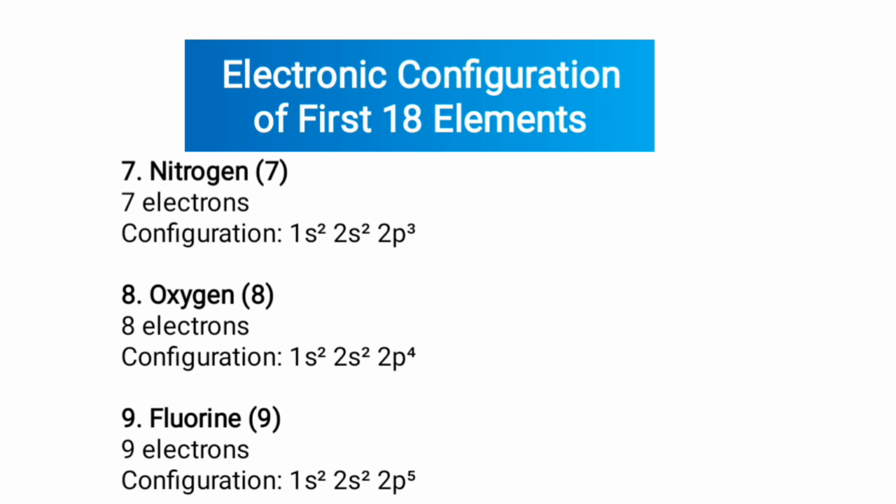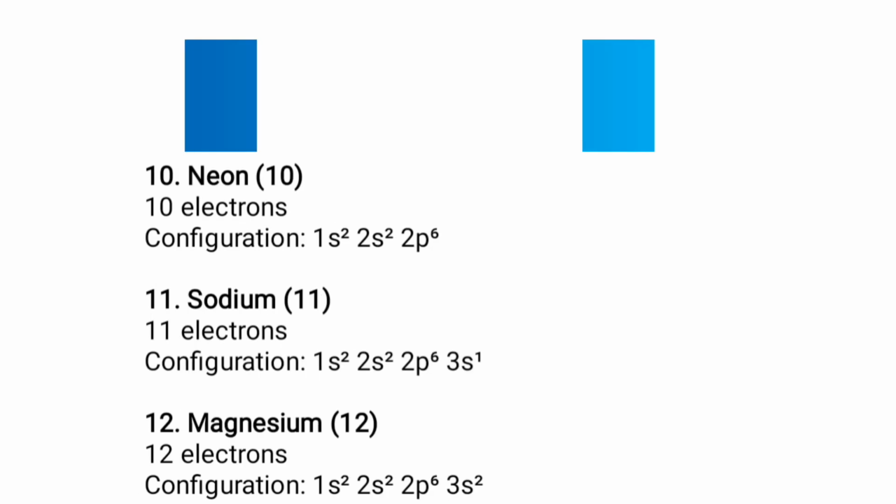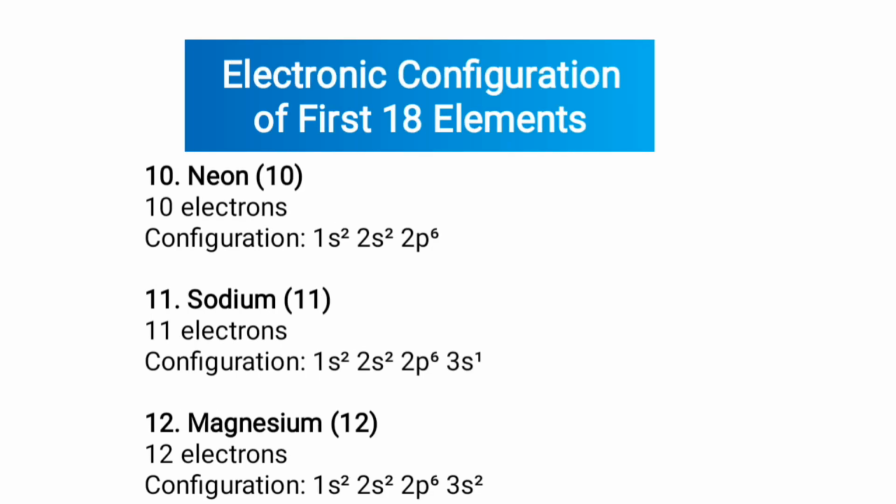Number 9 is fluorine, which has 9 electrons and its configuration is 1s2, 2s2, 2p5. Now number 10 is neon, which has 10 electrons and its configuration is 1s2, 2s2, 2p6.